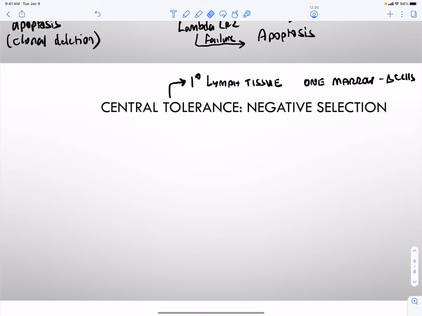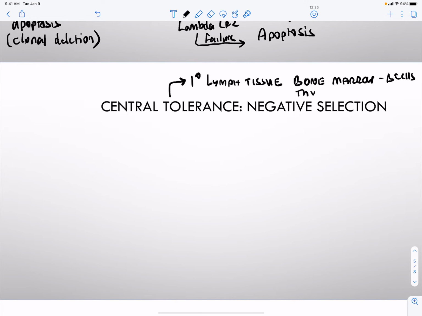And it's going to be the thymus for T cells, which we'll talk about when we talk about T cell development. And so central tolerance is basically we have these cells maturing in these compartments. There are self-antigens, self-proteins around. Can these B cells recognize them? And if they can, we have to get rid of them.